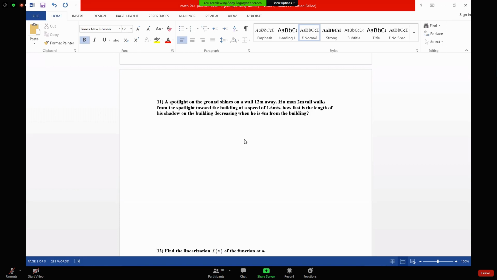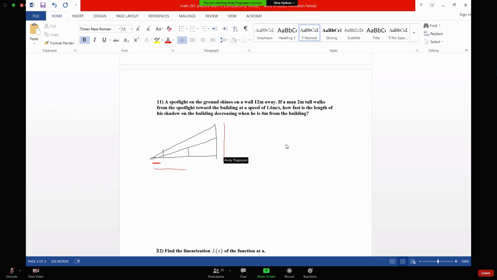Okay, so let's assume this is the ground, this is the building, this is the person. So that's the shadow. When the person gets here, that's the shadow. So this distance changes. This is x, it becomes this, and this one changes.